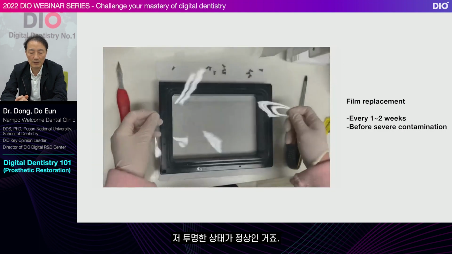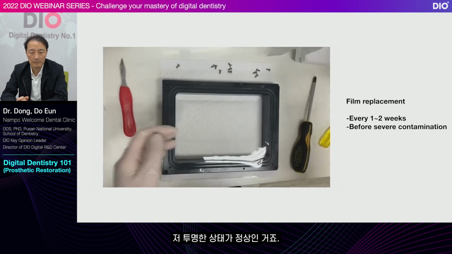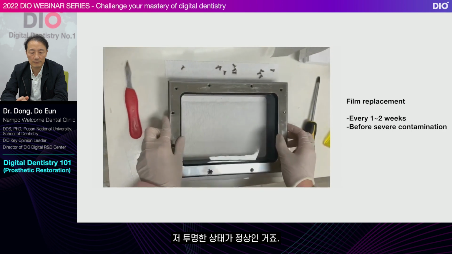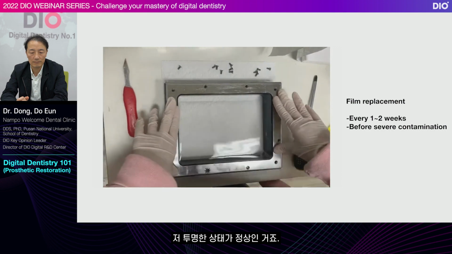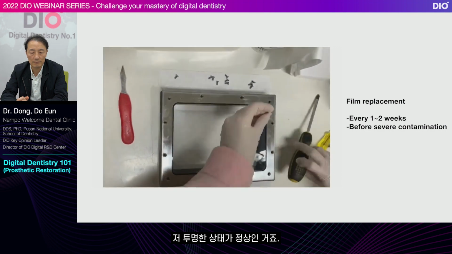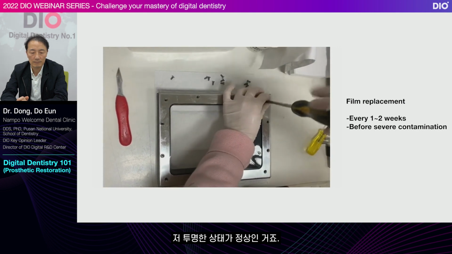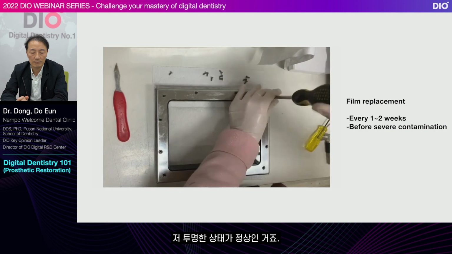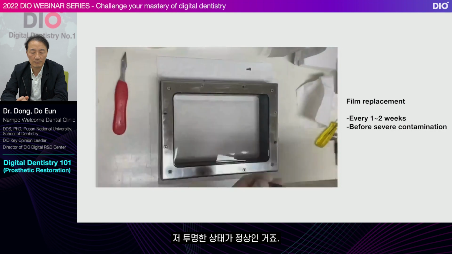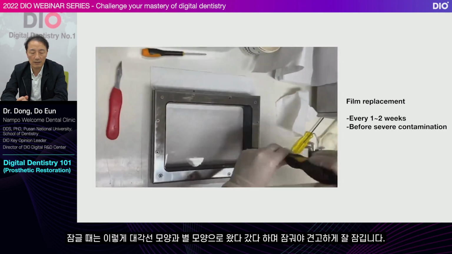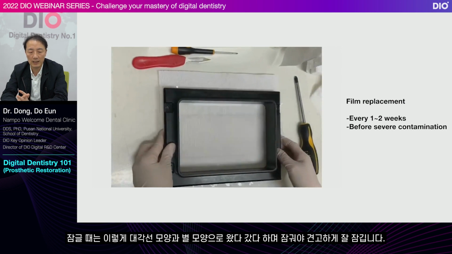That transparency is the normal state. When you lock it, you need to move it diagonally and in the shape of a star back and forth to lock it tightly.